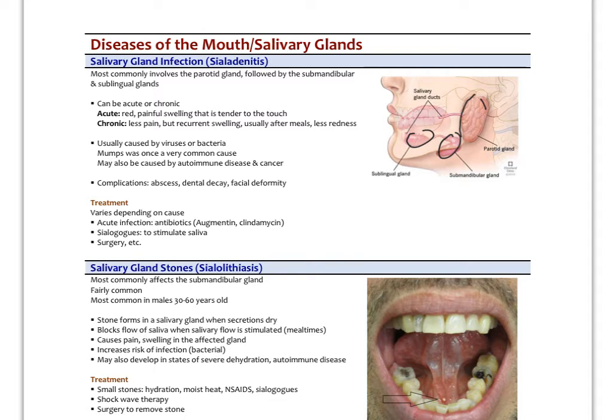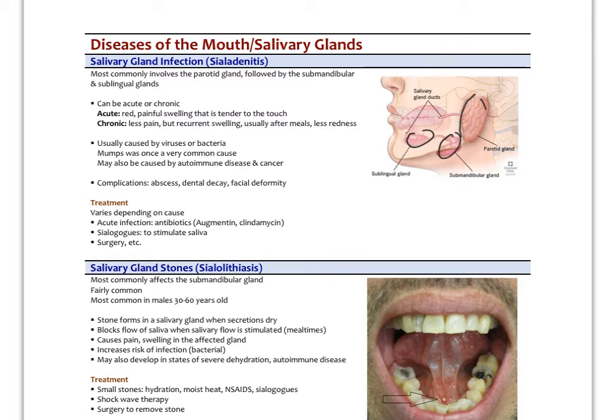It can be acute, and that would be more red, painful swelling that's really tender to the touch. Chronically, there'd be less pain, sort of recurrent swelling over time, usually after meals, less redness. Usually caused by a virus or bacteria. In fact, before the mumps immunization, that was a very common cause.